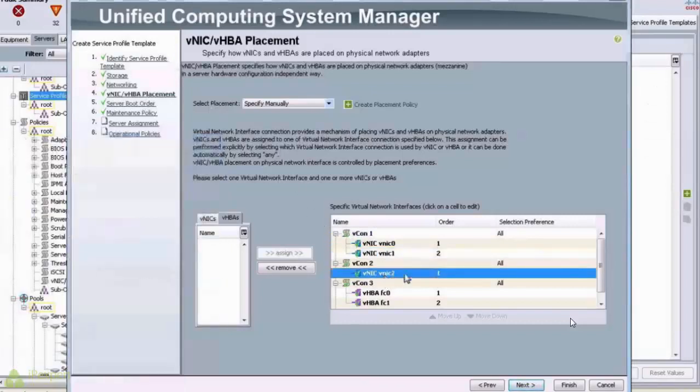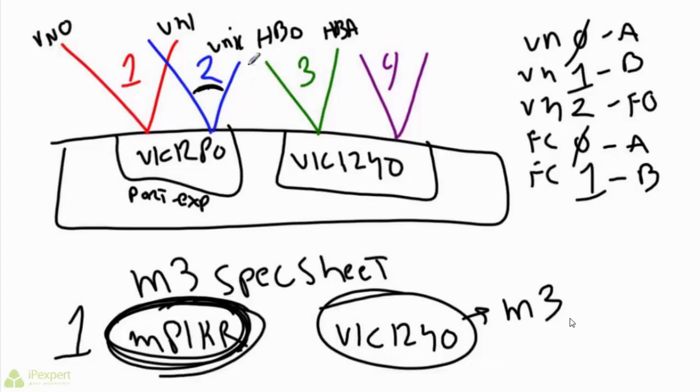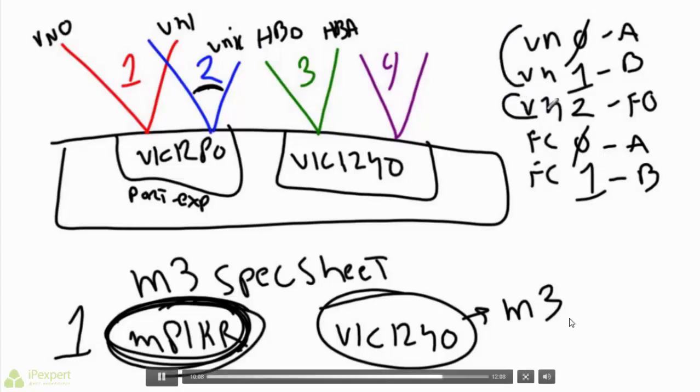VNIC 2 is enabled for failover. So in the first place, it's going to use Fabric A, but if I have a failure, it's going to use Fabric B. So again, I need to place VNIC 2 into a different vCon, so I do not oversubscribe the links in vCon 1.